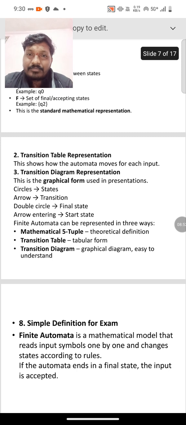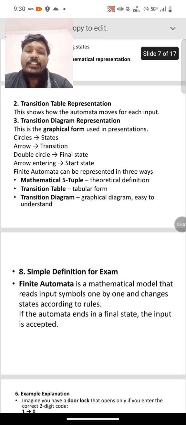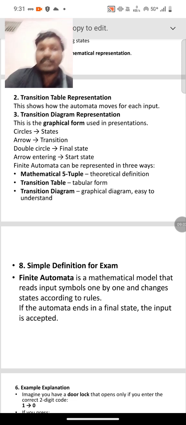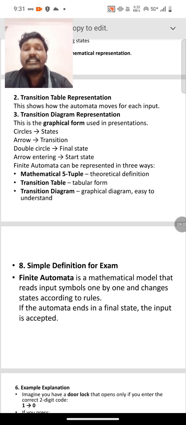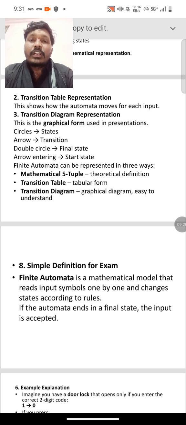And also, in the exam we can write the definition: finite automata is a mathematical model that reads the input symbols one by one and changes the state according to rules. For example, if your starting state is Q0, if you give 0 on Q0, we can move from Q0 to Q1.